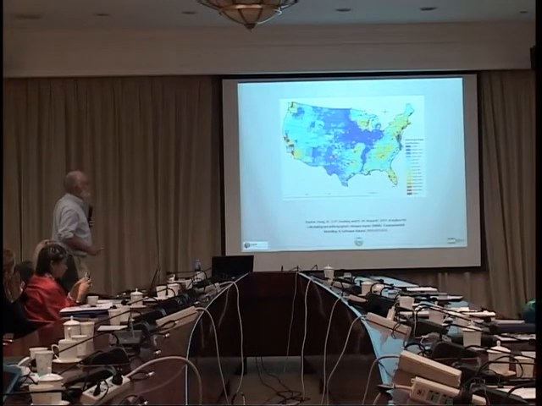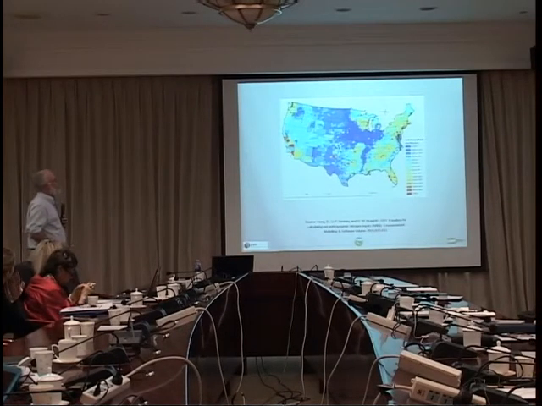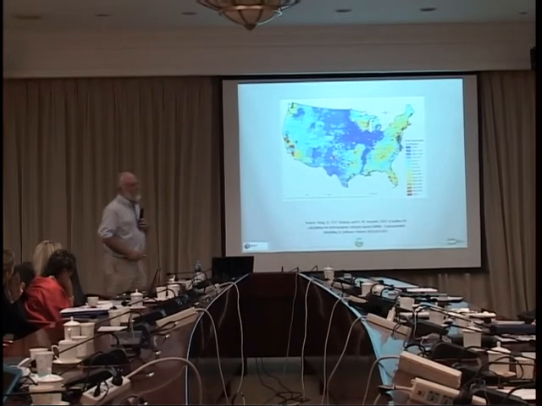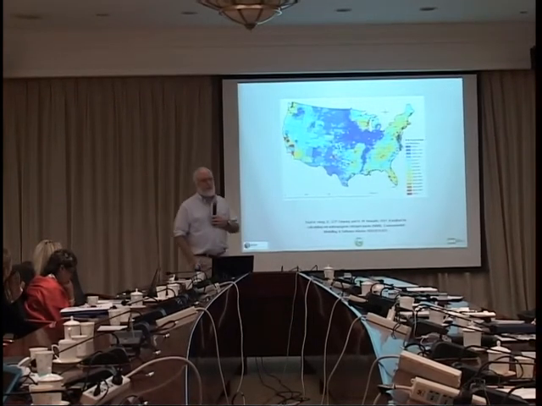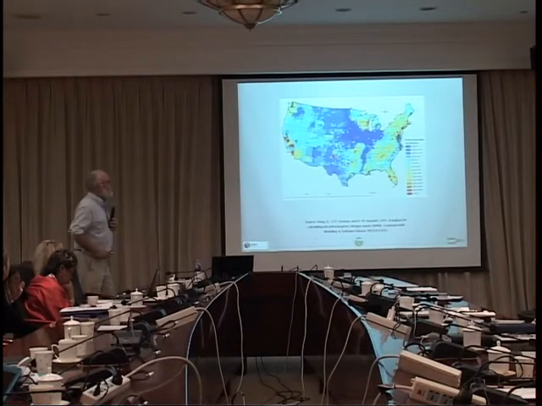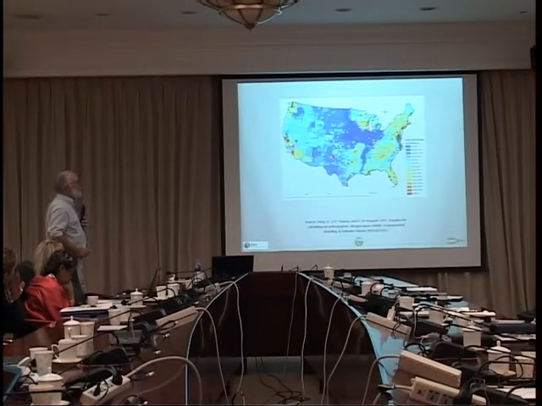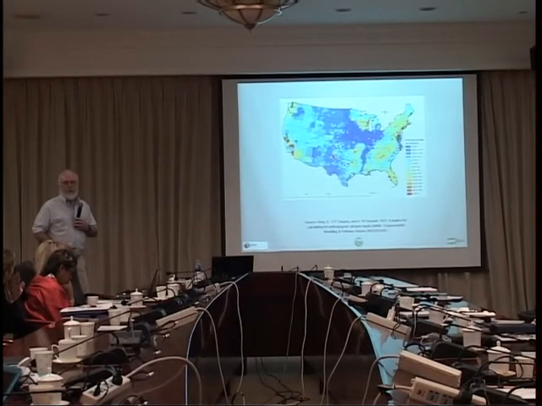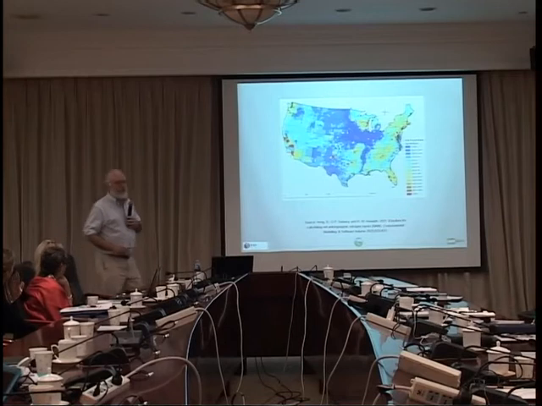The red areas are places where there's a net input, and those tend to be small, patchy little areas. Why is that? They tend to correspond to urban areas where there are a lot of people, high demand for food, a lot of nitrogen being imported into the region to satisfy the demand for food. And there are other places like out here and here where there are no large urban populations, but there are large animal populations.